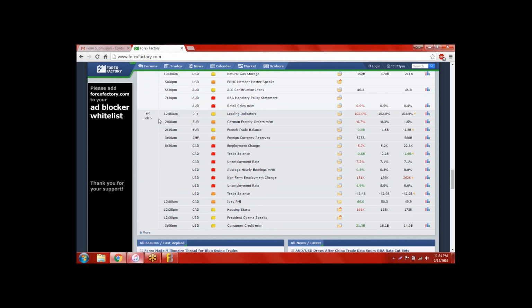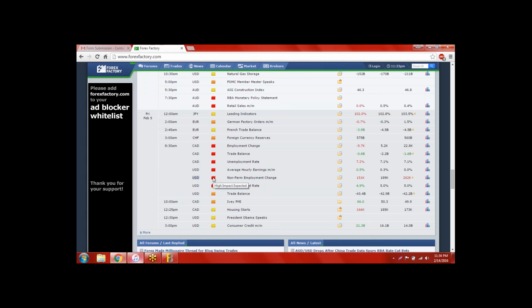So here's NFP, guys. This is what it is, right? Non-farm employment change happens at the beginning of every single month. Look at this currency here, the US dollar: major news, major impact expectations.